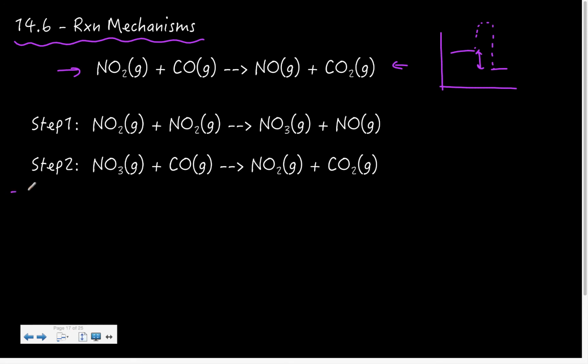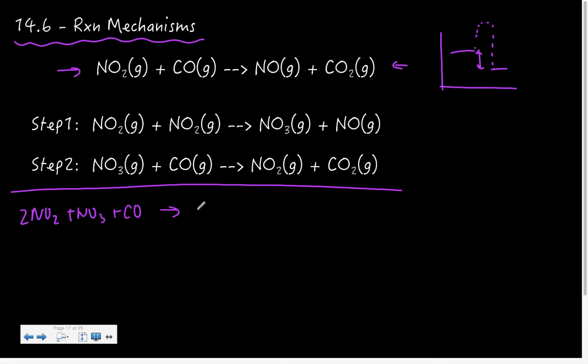When we sum these two reactions, we get the overall reaction. Literally summing, we have 2 NO2 plus an NO3 plus a CO, giving an NO3, an NO, an NO2, and a CO2.